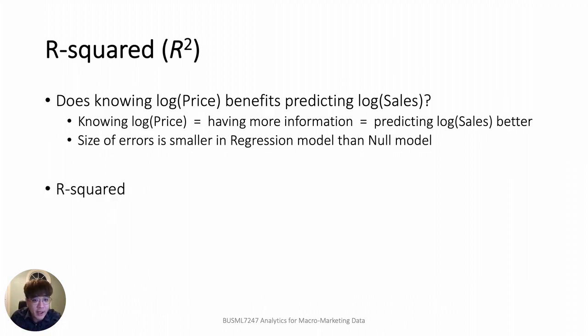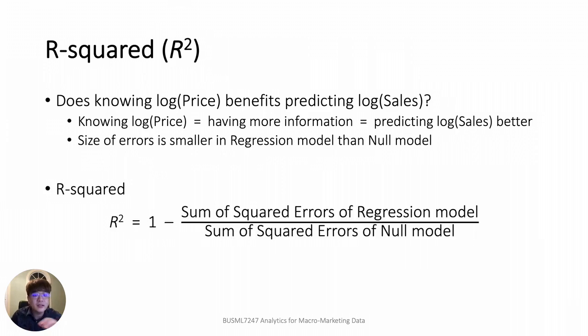R squared measures the predicting performance. It is given by 1 minus the ratio of the sum of squared errors of regression model to the sum of squared errors of null model.